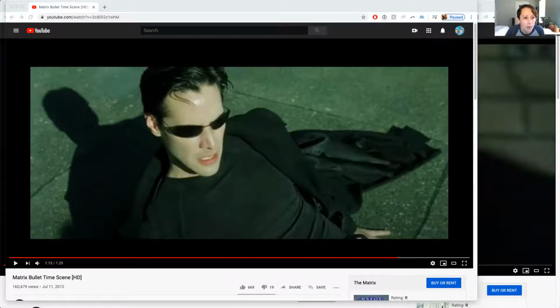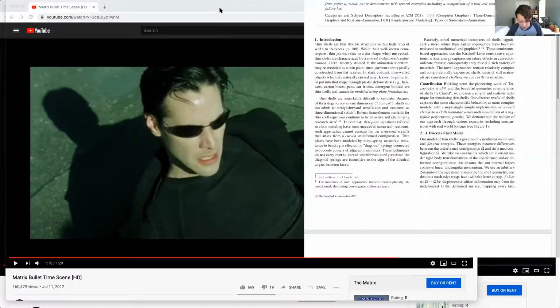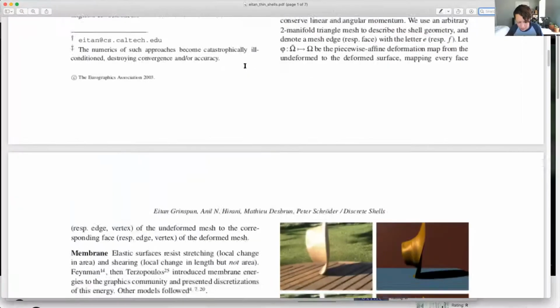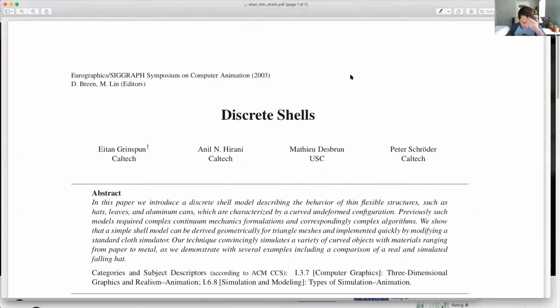Okay, so this is one of my favorite papers from early differential geometry. It's written by a guy named Eitan Grinspun, who's a professor at Columbia now. This paper is from Eurographics 2003, so this would have been within 3 or 4 years of some of the first papers discussing the D operator and the Laplace operator and all of these different ways of triangulating surfaces and then doing differential geometry on those discrete surfaces.